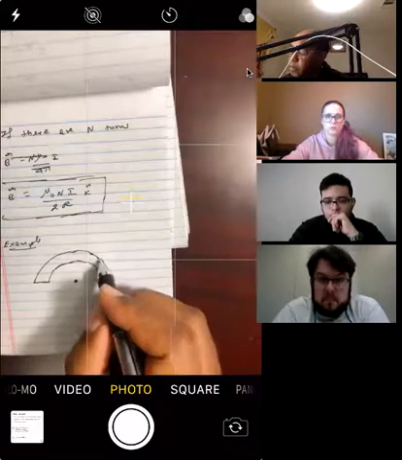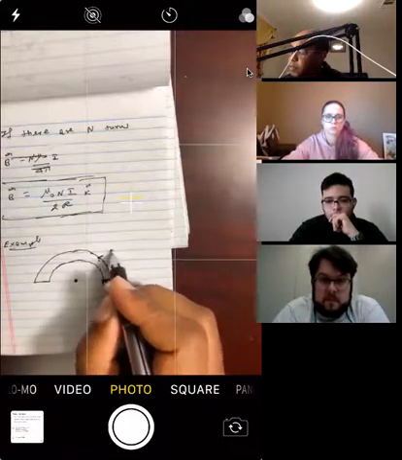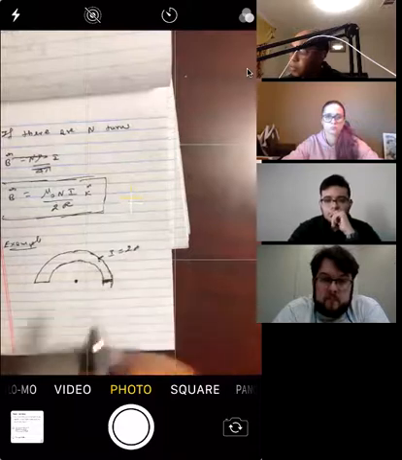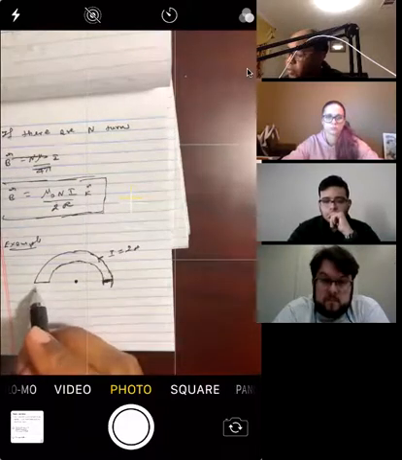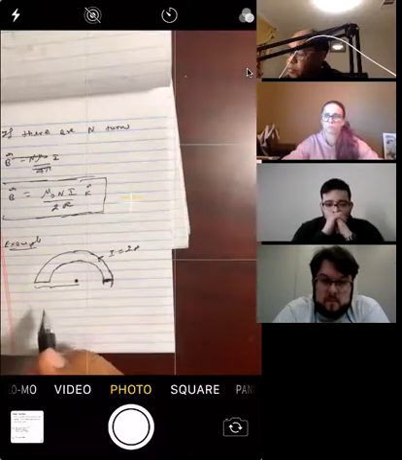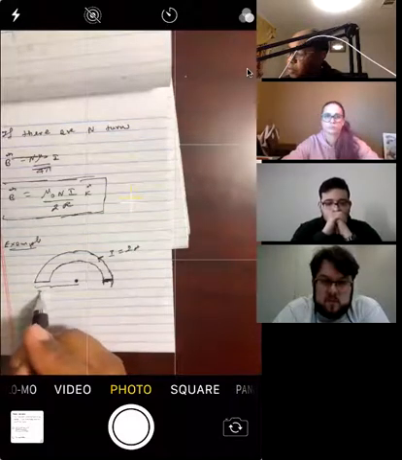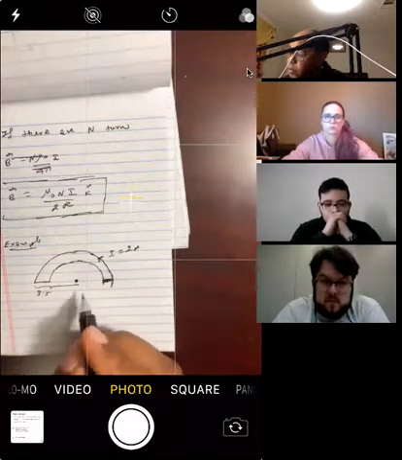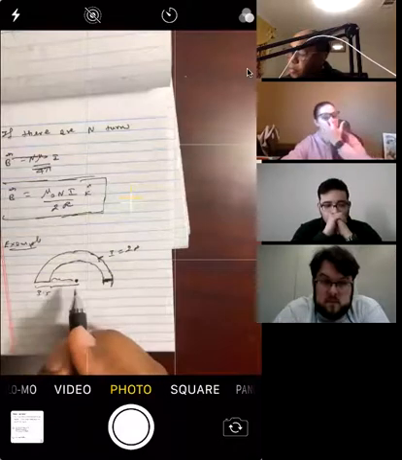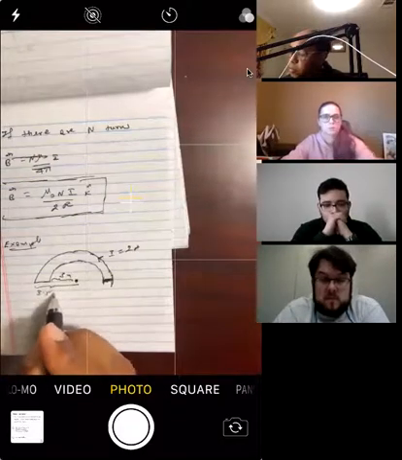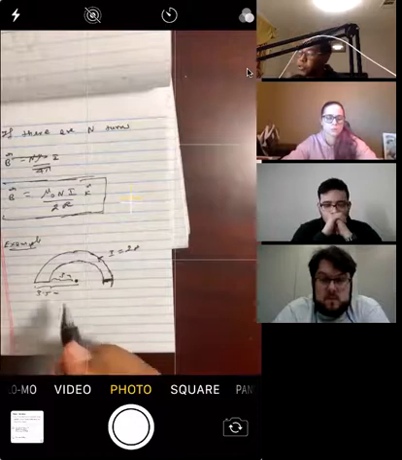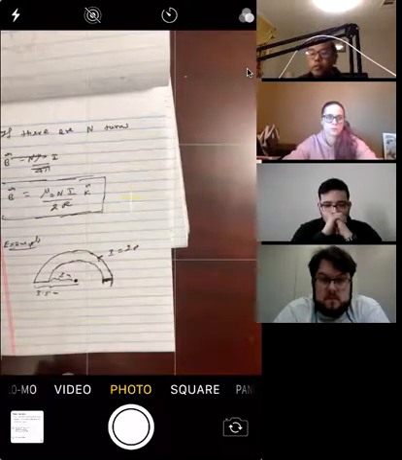Let's say we have the current going this way. The current is, let's say, 2 amps going this way. Let's say this radius is maybe 3.5, and this radius over here is, let's say, 3 meters. And the question is calculate the magnetic field at the center.